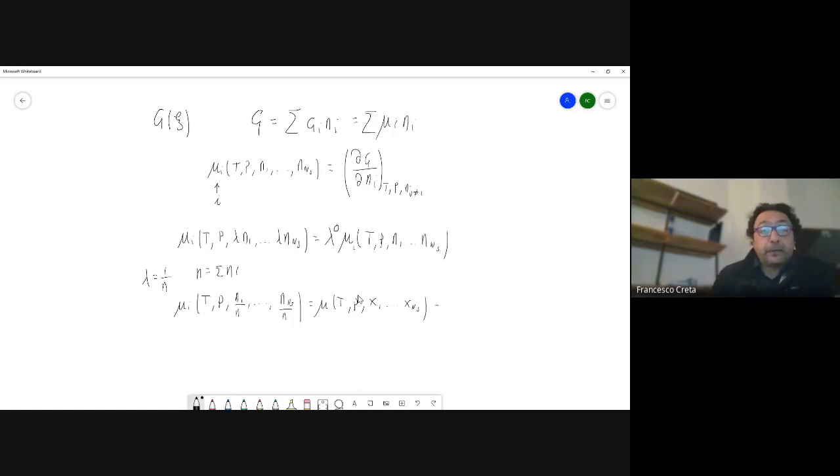Indeed, if you take the 1 over n out, just like we did with lambda, this will have to go to the power of 0, and therefore these two expressions are completely equivalent.